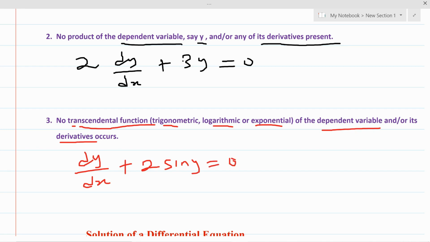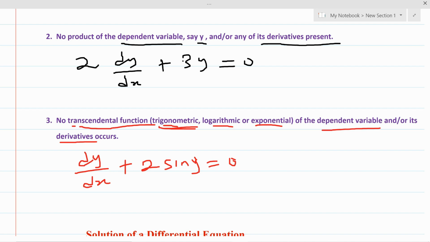Is this a linear differential equation? No, because for this to be a linear differential equation, there shouldn't be any sine, that is a trigonometric function. Sine is a trig function. There shouldn't be any sine or cos or tangent or secant or cosecant or cotangent of the dependent variable, which is y.